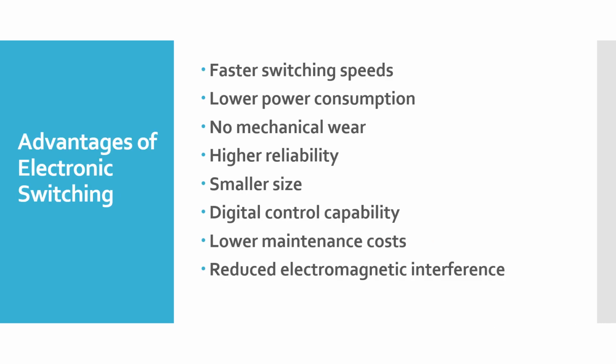Now, what are the advantages of using electronic switching? They are fast in switching. Their switching speed is very high. For example, you design an electronic switch to do a changeover process.